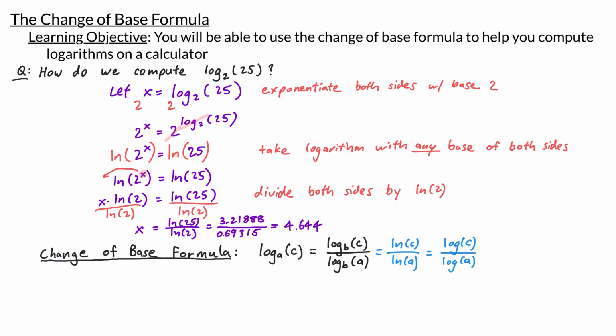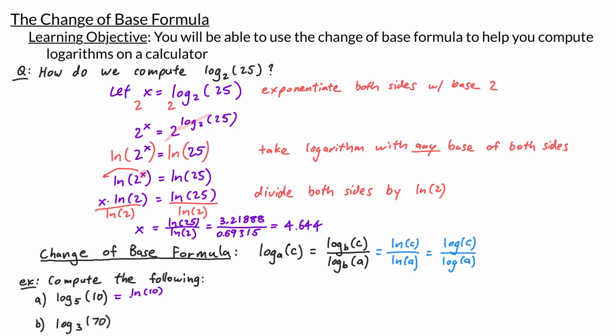So let's use our change of base formula to help us compute some logarithms. In example A, we want to compute log with base 5 of 10. According to our change of base formula, we can rewrite this as ln of 10 divided by ln of 5. Or alternatively, you could have also done log of 10 divided by log of 5.